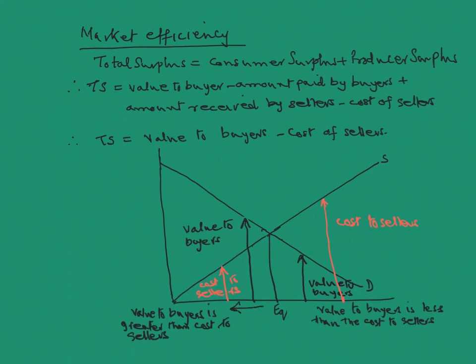If society produces more than the equilibrium quantity, we produce goods where the cost to sellers exceeds the value to buyers. Competitive markets are efficient, meaning that the allocation of resources maximizes total surplus.